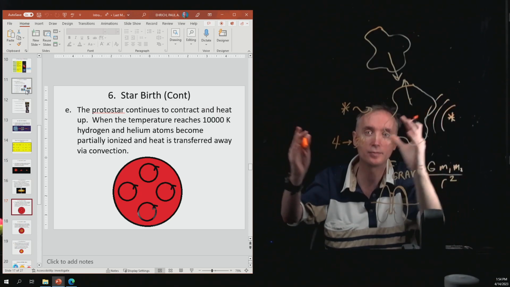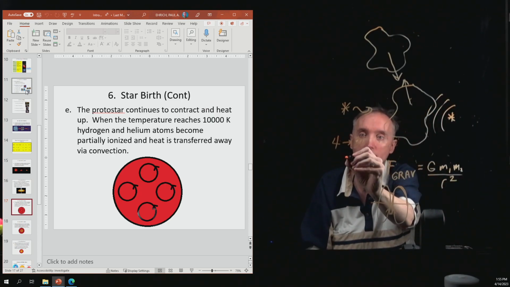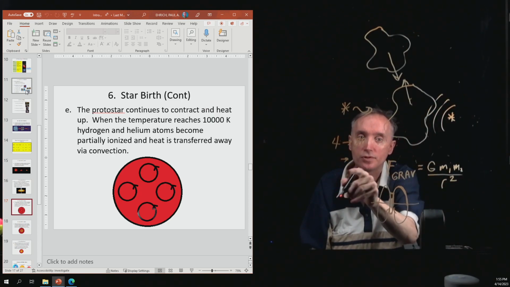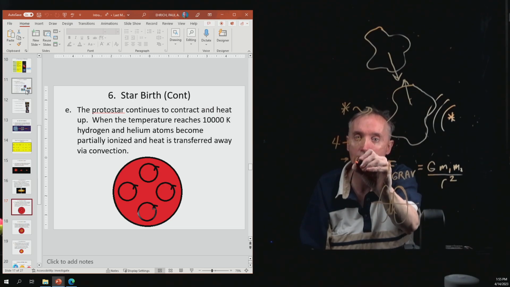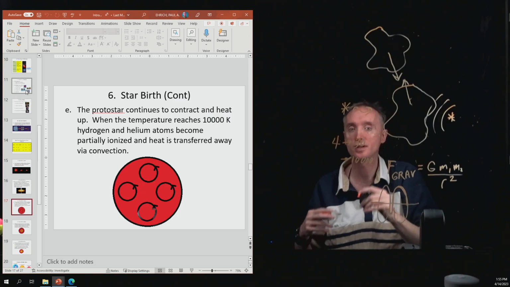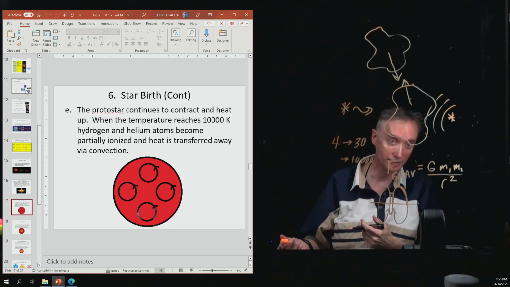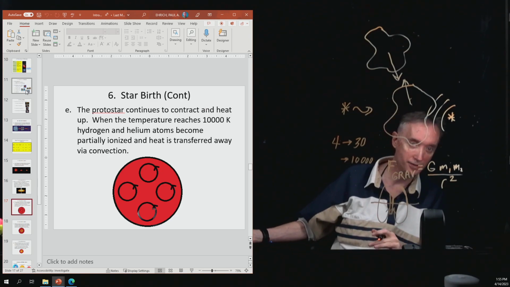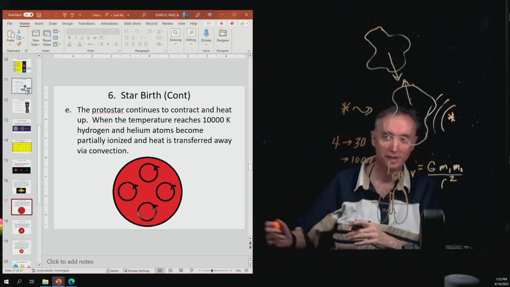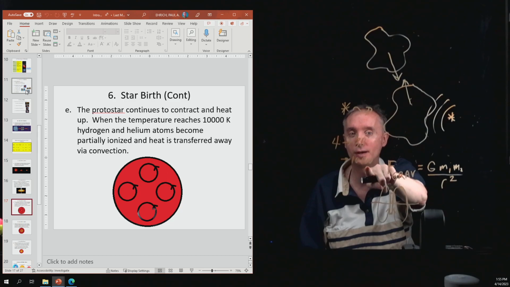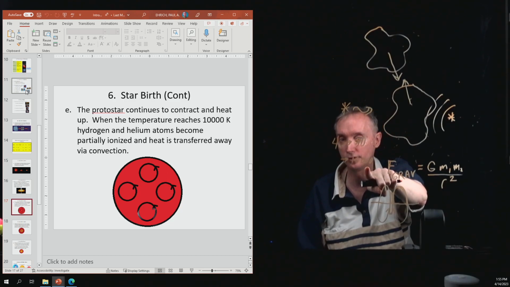As it's collapsing, the temperature is going up. So now the temperature is up to around 10,000 Kelvin. Now it needs to get to 10 million Kelvin before it will ignite. Can you see that? I hope you can. So the temperature needs to get up to about 10 million Kelvin.